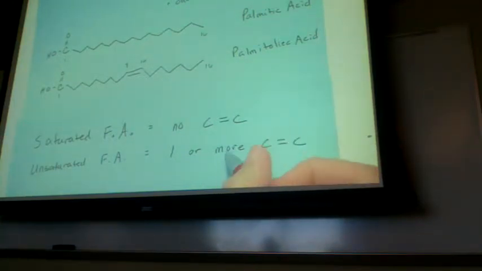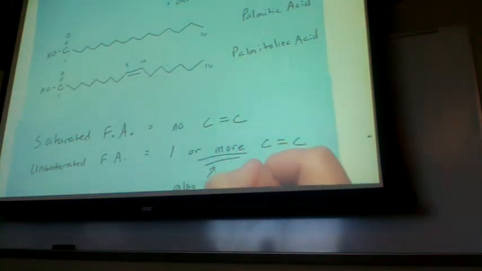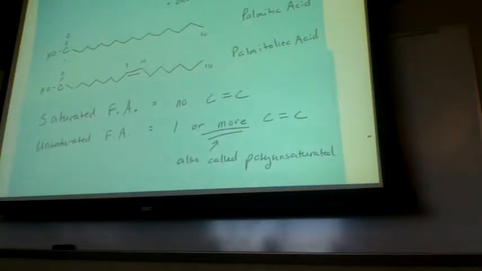The or more is also called polyunsaturated. But people tend to use the terms just unsaturated and polyunsaturated. They don't always bother to distinguish between the two. But if they do say polyunsaturated, then they mean there is more than one carbon-carbon double bond.